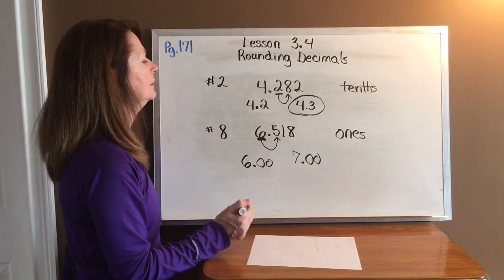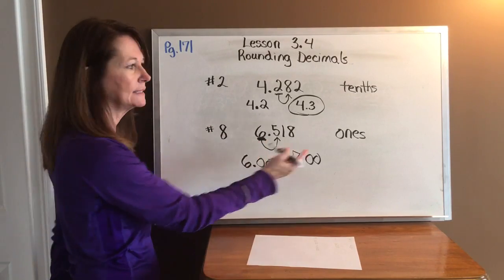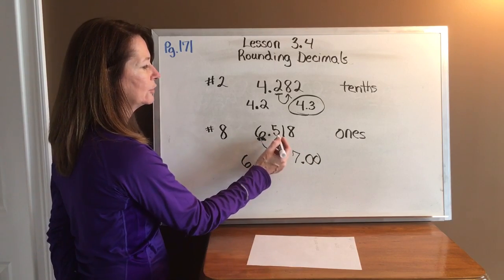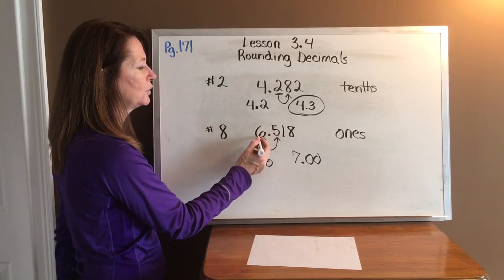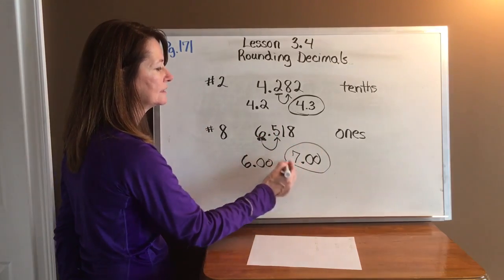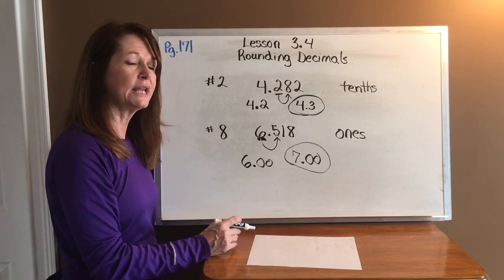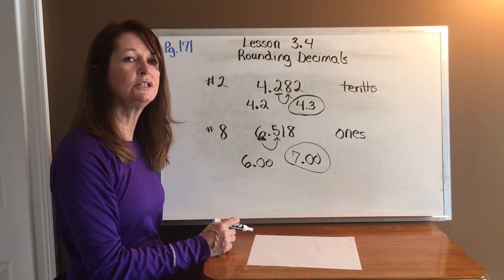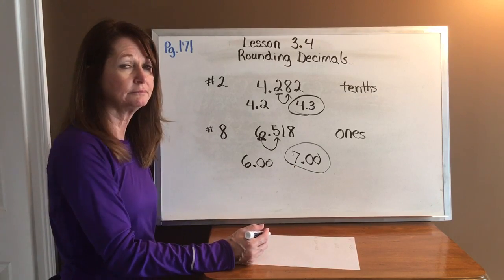Don't forget. All right, let's do it now. We're rounding to the nearest ones place. 5 or greater, add one more. So that means we are adding one more to the 6, and our answer is 7. So 6 and 518 thousandths rounded to the ones place is the whole number 7.